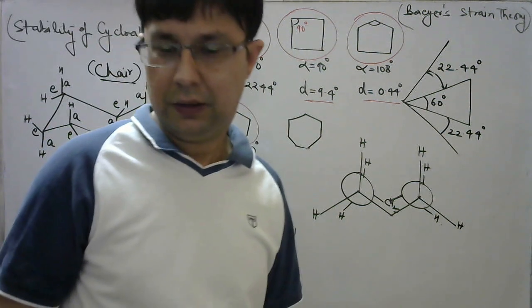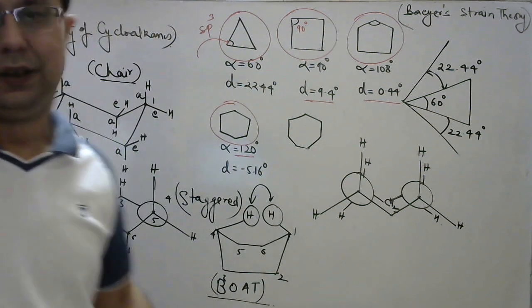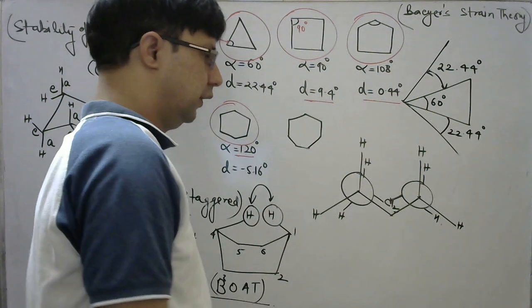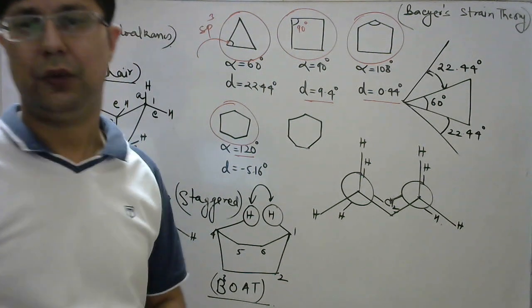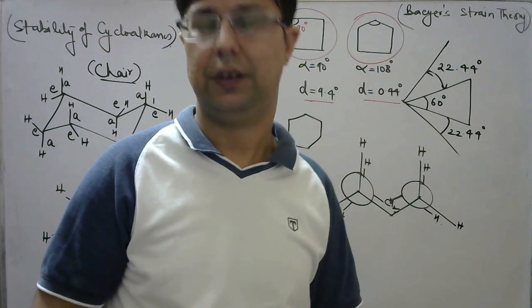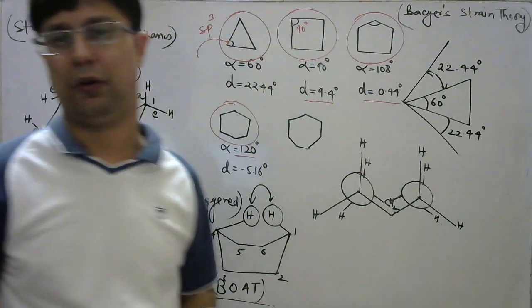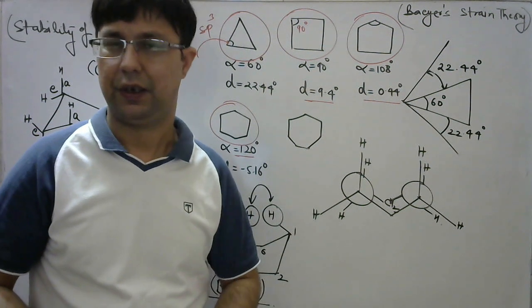Is it clear? And in this case, because of the flagpole interactions, as we have said, the conformer is less stable as compared to the chair form of the molecule. Is it clear?